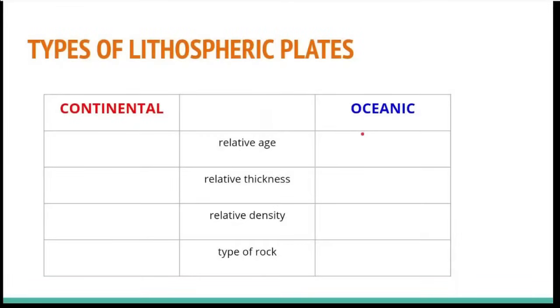Now let's try to fill in this table comparing the different characteristics of continental lithosphere and oceanic lithosphere. First, the relative age. Which is older and which is younger? Correct.